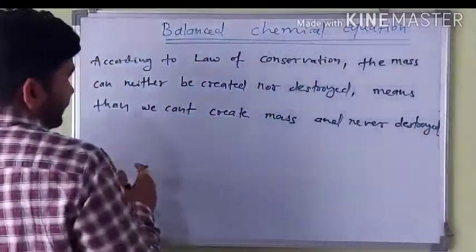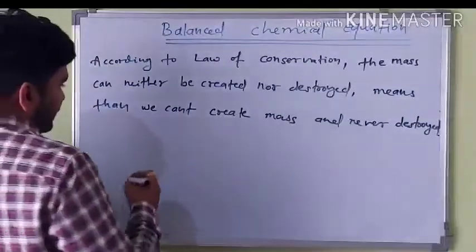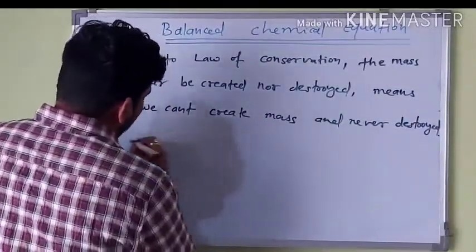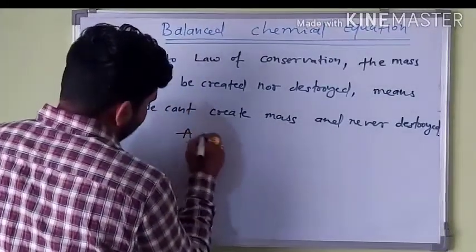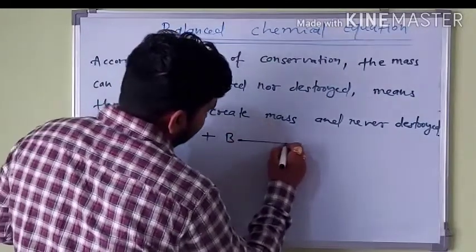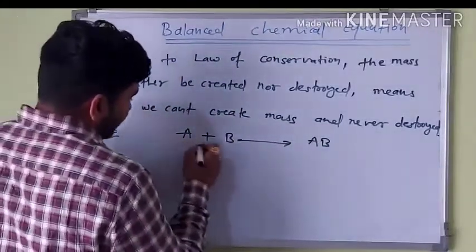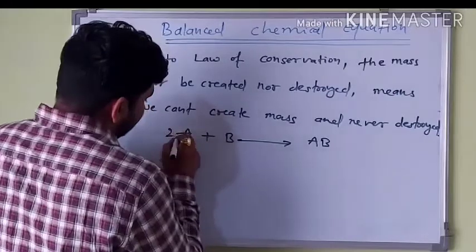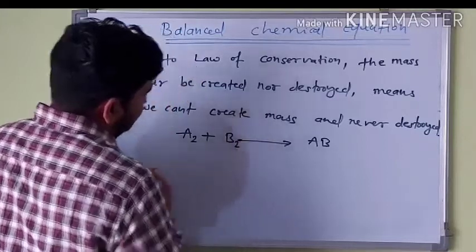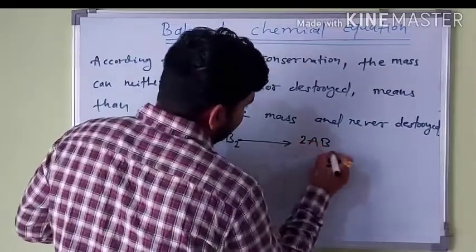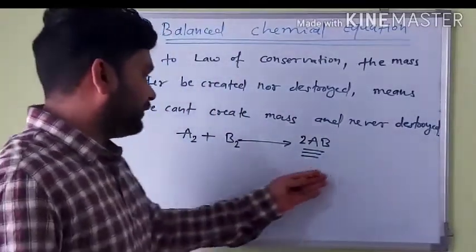And this is also applied to the chemical equation. For example, A plus B implies AB. It means that if in an equation there is a 2 and this one is also 2, that means there is also 2AB, so both sides have the same.